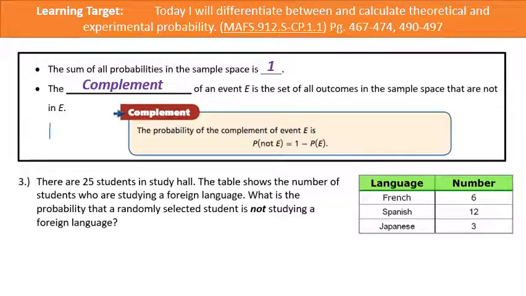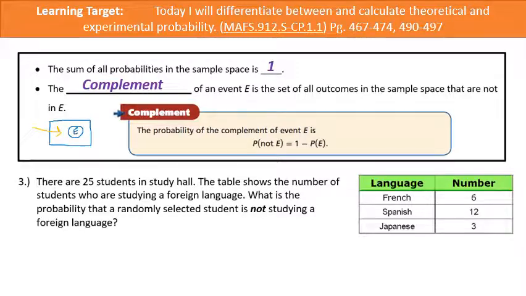A way of doing that is, let's look at our sample space here. Let's say we have some probability up here, and we'll call this E. So we have the probability that we are in E and the probability that we are not in E. If we are not in E, then we are somewhere out here.